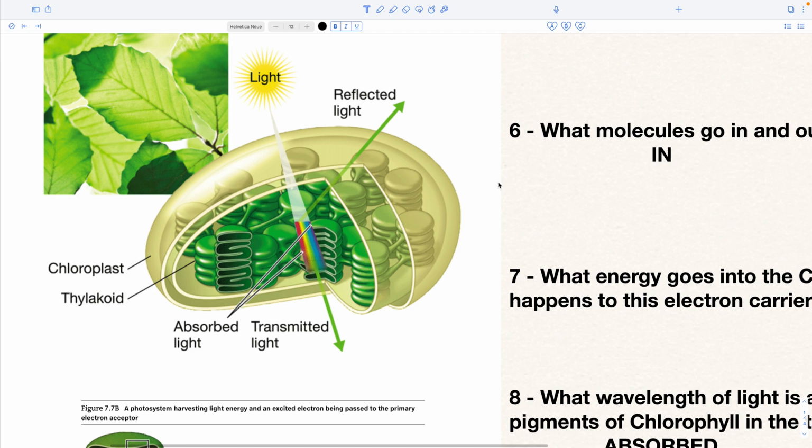It's showing you the green line. That means that this is not being absorbed. It's being reflected, or it passes right on through. That's why we see leaves as being green, because that color bounces off and you see it. My shirt's red because red is being reflected and you see it, but green and blue are being absorbed.